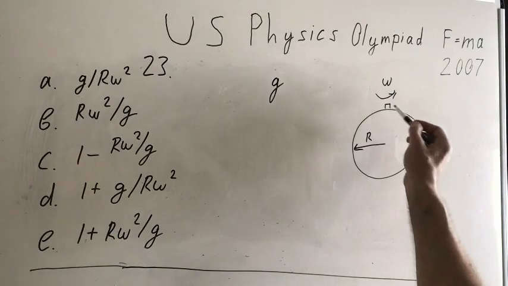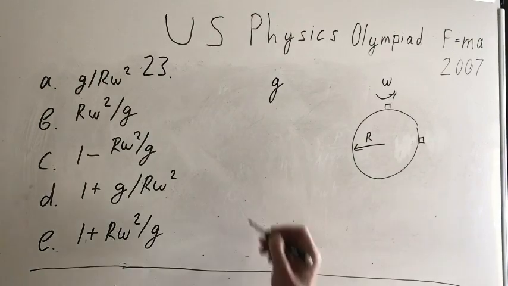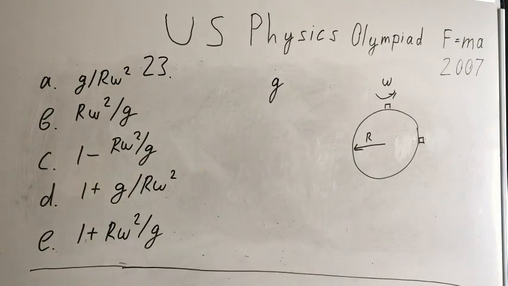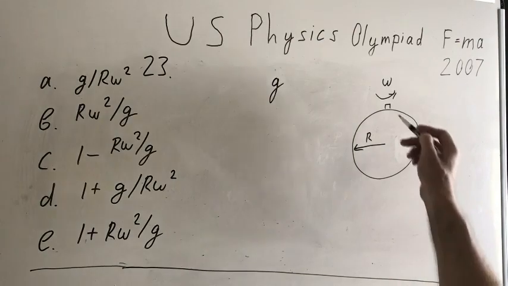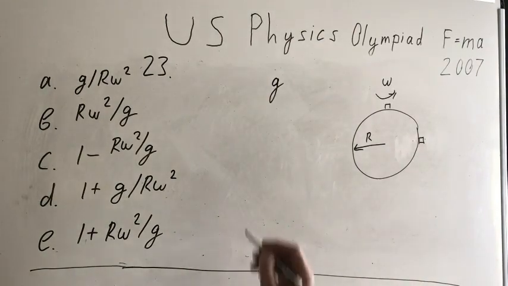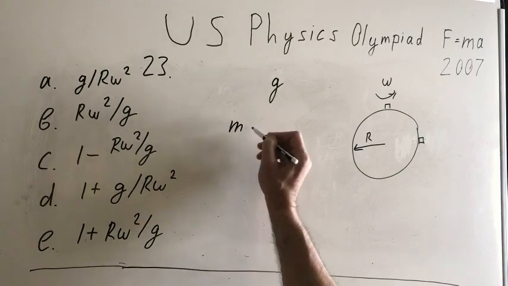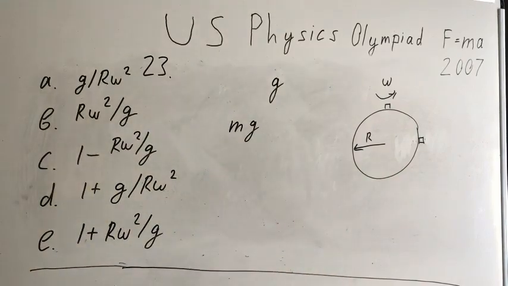It's obvious that at the North Pole we have a normal force equal to the gravity force, because this person is not moving, it's stationary. So we have normal force equal to mg.